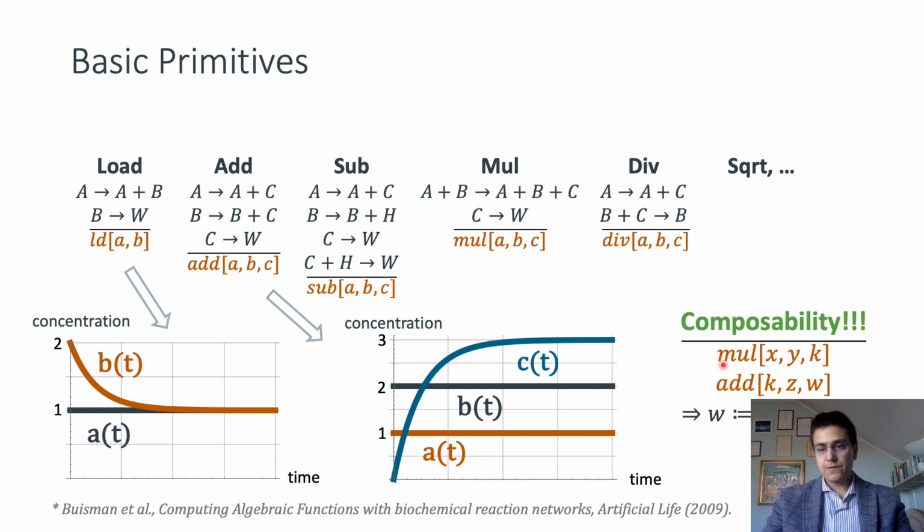And indeed, with these CRNs we designed, you have this composed behavior. But that doesn't have to be the case in general. You can have two CRNs, but the composition of those two CRNs doesn't have to be a composition of the functions that they individually compute. Okay, so that's one important property.